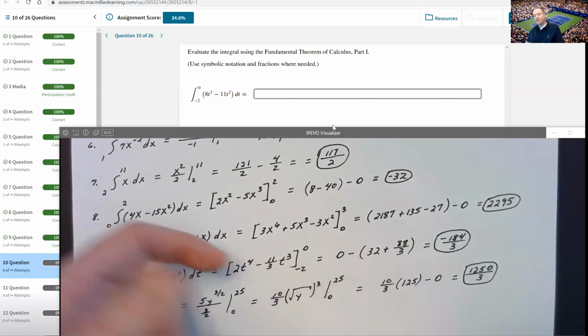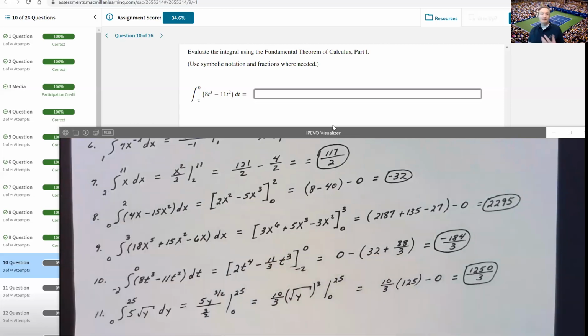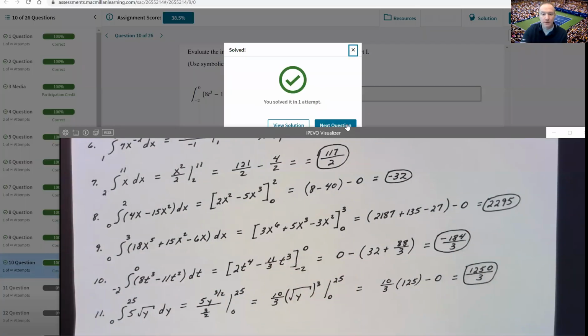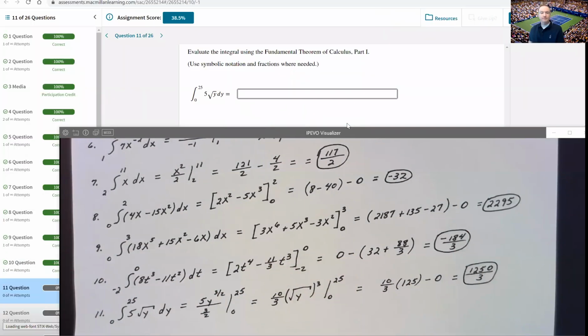So then I said, well, 32 is 96 over 3. 96 over 3 plus 88 over 3. That's going to give me 184 over 3, but I'm subtracting both of those, so it's a negative 184 over 3. I check that answer. Correct.